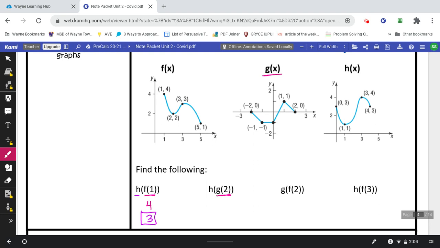So go to your g graph. Find where your x is 2, right here. What number is it paired up with? It's paired with a 0. Then switch over to your h graph. H is over here. You want to find where x is 0, and you write down your y value.